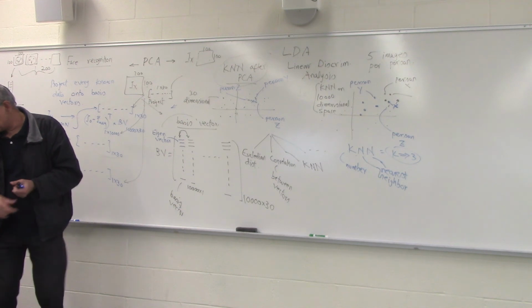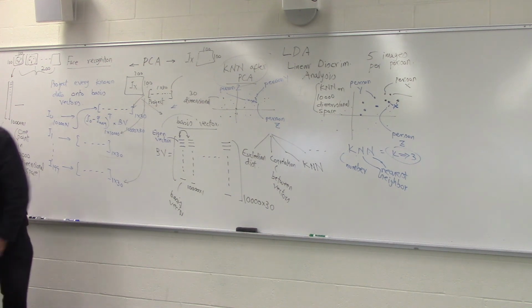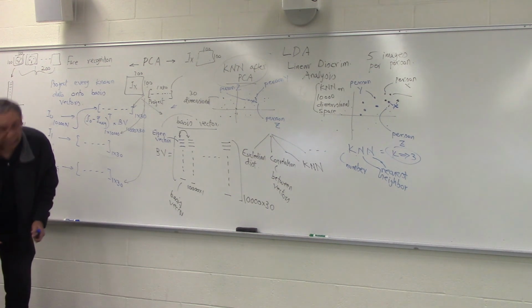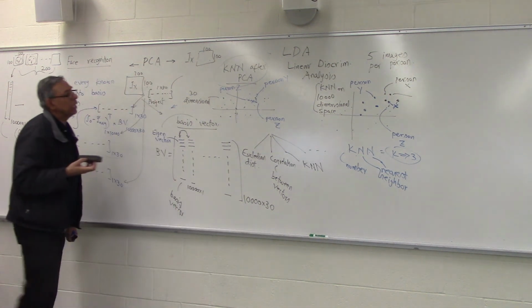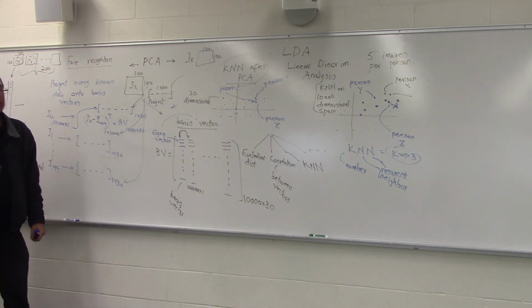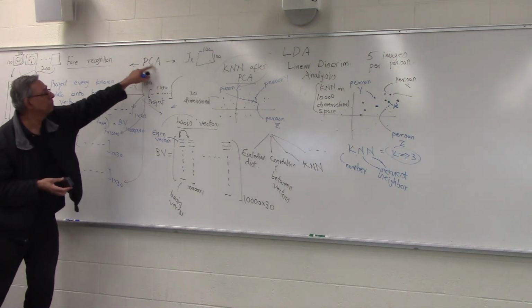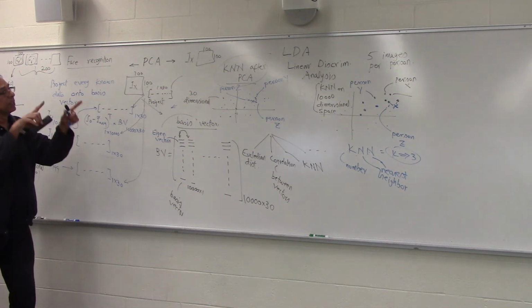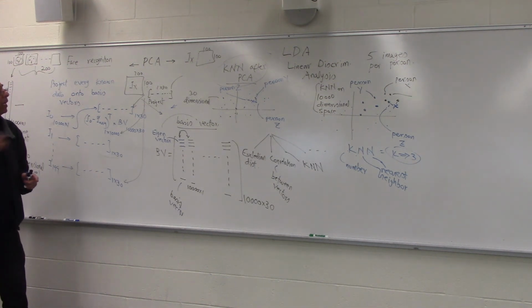So in your next assignment, I wanted to show you the actual KNN. I'll give you the code for KNN, but you have to write the code for the PCA. I forgot to give you the library code so that you can easily see how to compute the eigenvalues and eigenvectors.